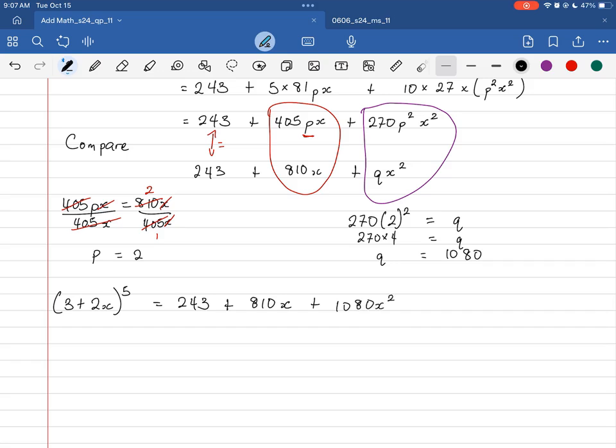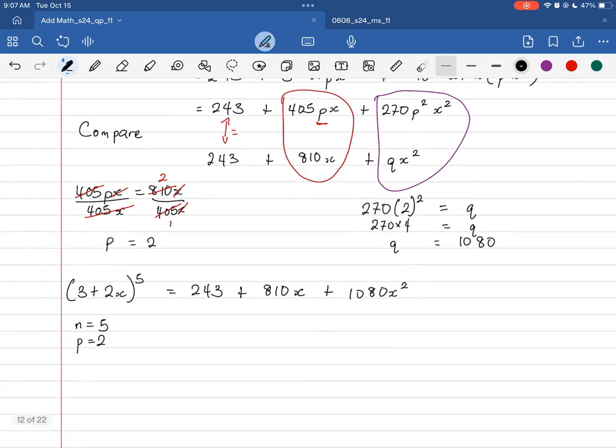So your n is equal to 5, which was this. Your p is equal to 2, which was this. And your q equals 1080, which was this. So that's the answer to question A.